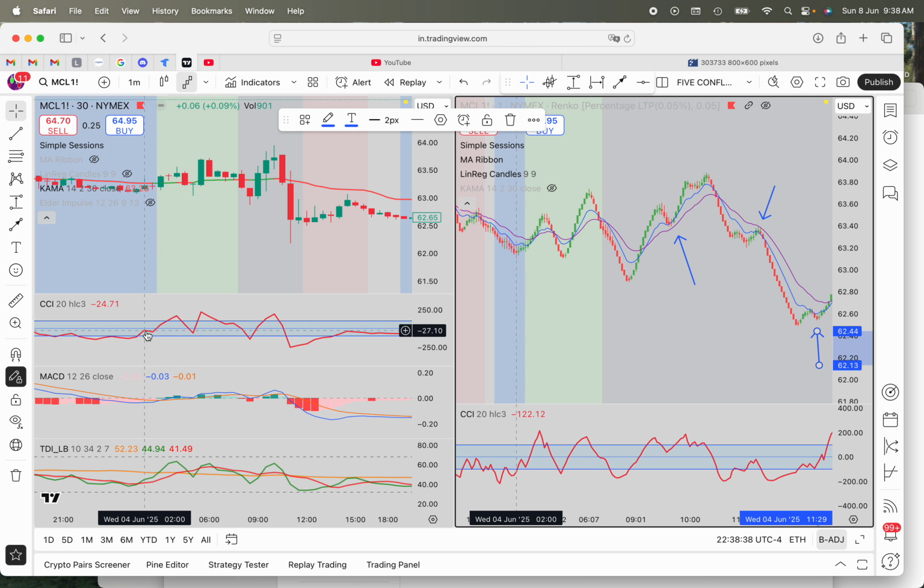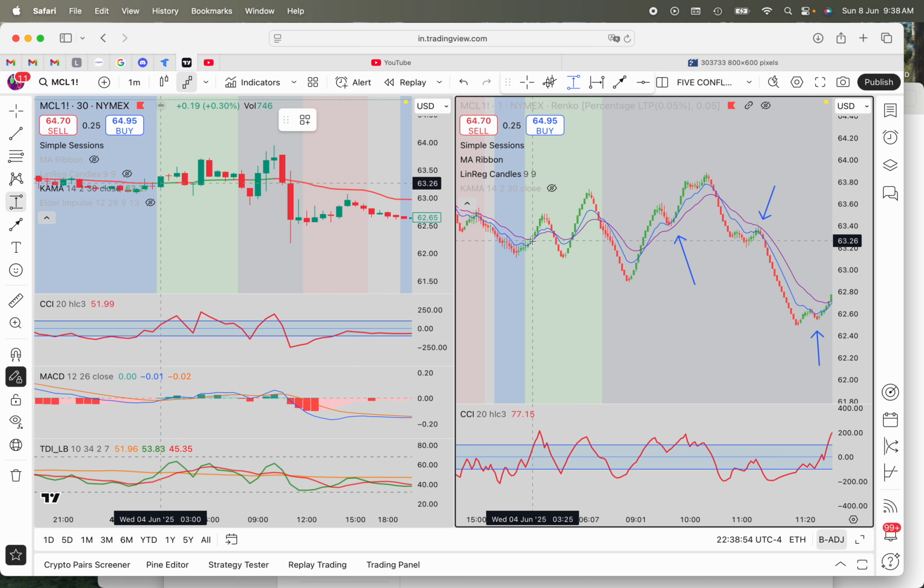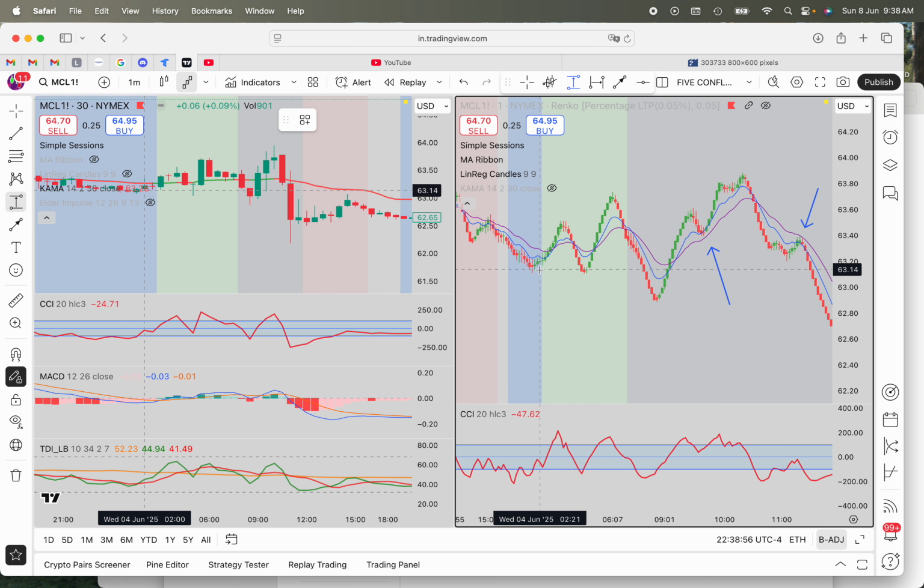So straight away I can see the CCI is pointing upwards, the MACD is curling up, and this traders dynamic index has crossed over this red line, so I'm going to say we're long going into the UK session. Where would I go long?